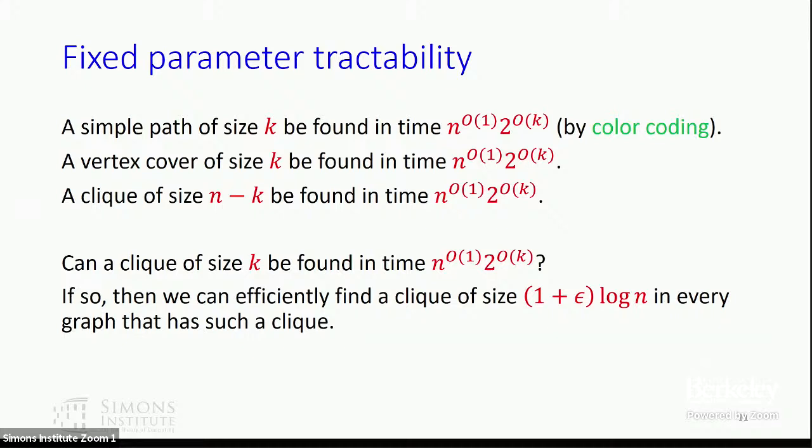Likewise, a vertex cover can be found in this time, or also a clique of size n minus k instead of a clique of size k. In fact, this is essentially the vertex cover problem in disguise. So maybe also clique can be found in this running time. And if it can, then substituting the order log n for k, this is polynomial running time.